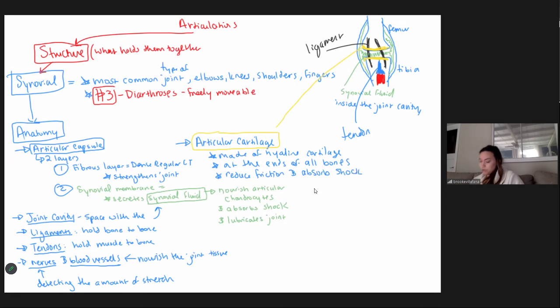Potentially something you could be asked on the test about this is what happens if you lose it? So what happens if you lose the articular cartilage? You get arthritis. So your bones actually start to deform because they rub against each other without this cushion.